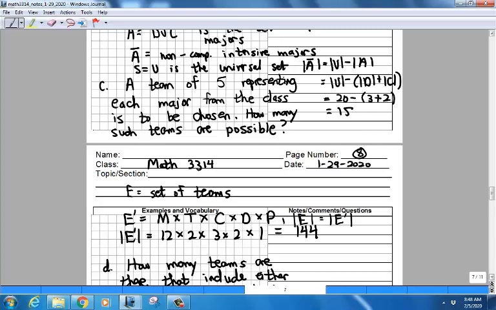Now, when you form a cross product, what do cross products consist of? What are the things that are in a cross product set? What are those called? Tuples. And remember, a tuple is just a generalization of an ordered pair. A tuple is just a list of elements, and the things that you are listing have an order.